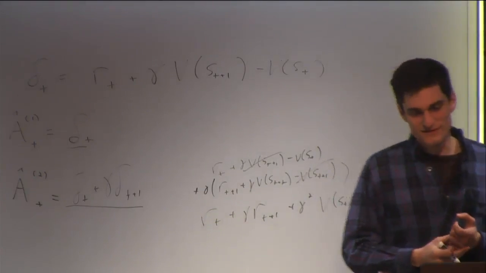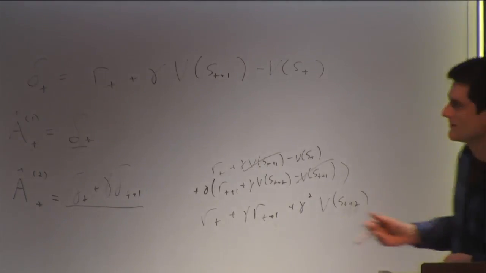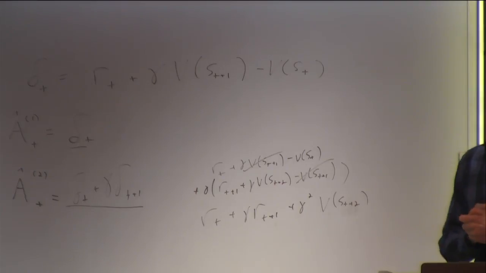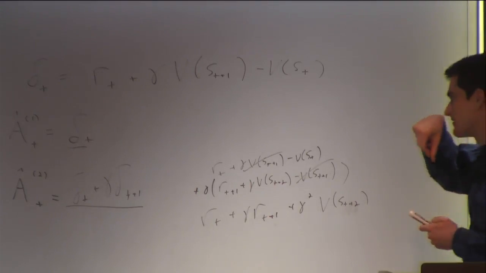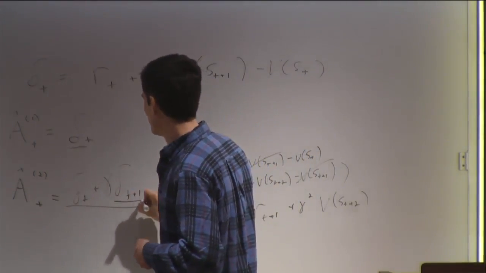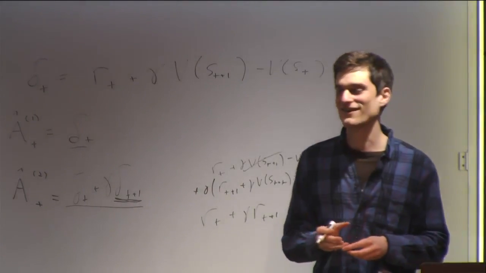But the claim is that they're going to have the same mean. If V is equal to the state value function, then they actually have the same mean. That's the cool thing, and that's because the expectation of delta t plus 1 conditioned on the first action is 0.